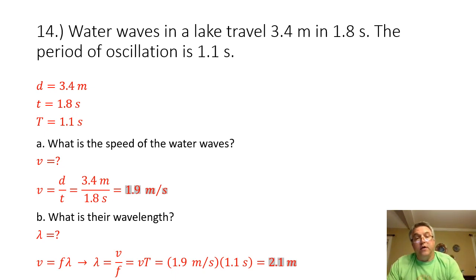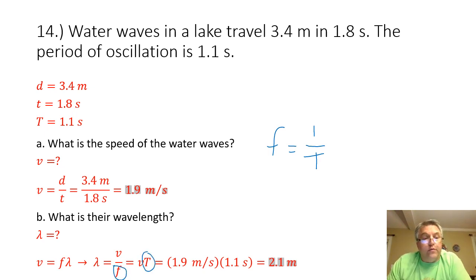But because frequency is equal to the inverse of the period, I can replace the frequency with the period. So the wavelength is going to equal the velocity times the period of the wave. So 1.9 meters per second times 1.1 seconds will give me a wavelength of 2.1 meters.